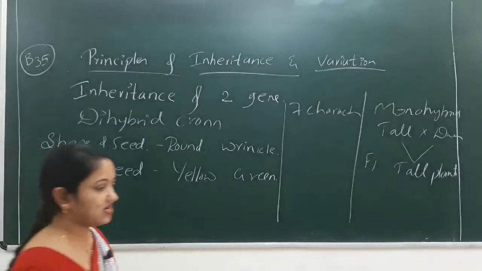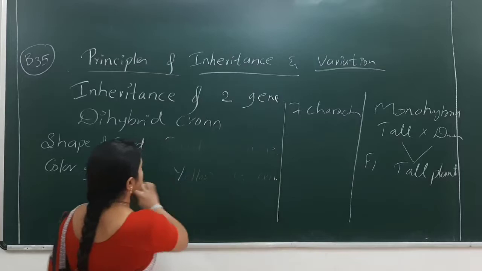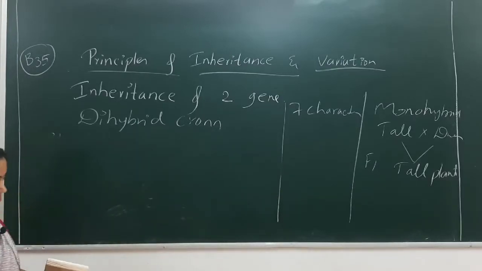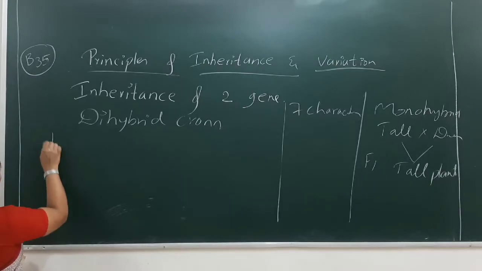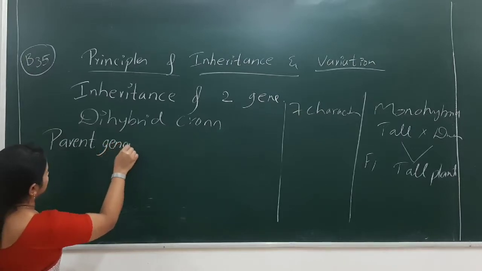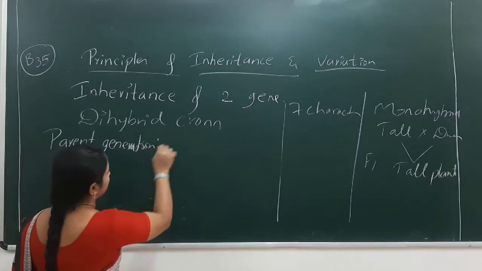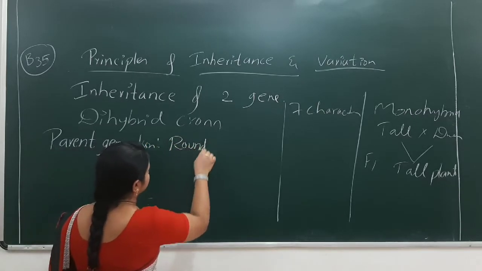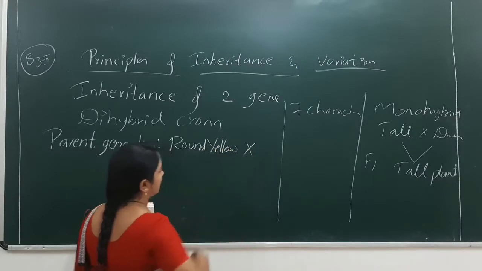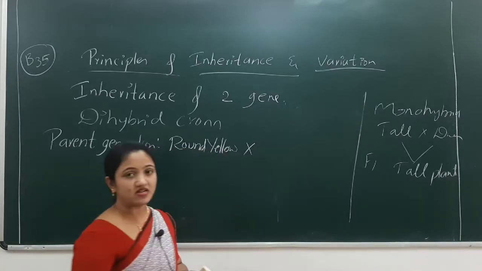So, we will write the parent generation here. The parent generation, with the two characters we selected. Simultaneously you write it: round yellow, and we are going to cross the homozygous pure lines.